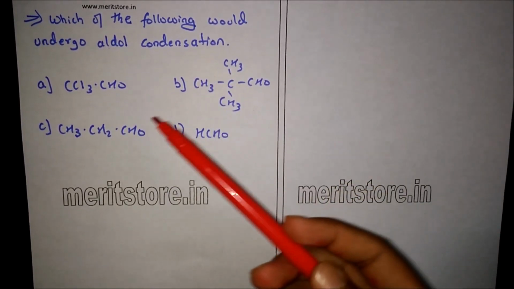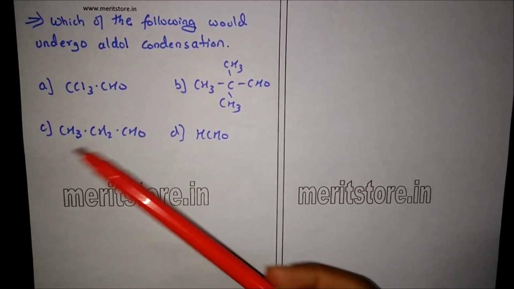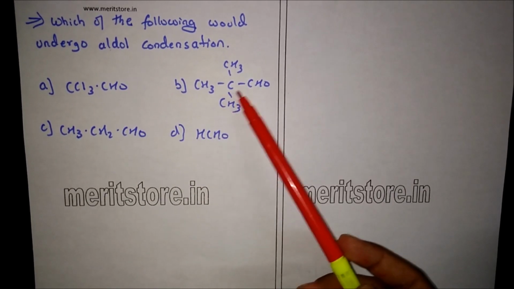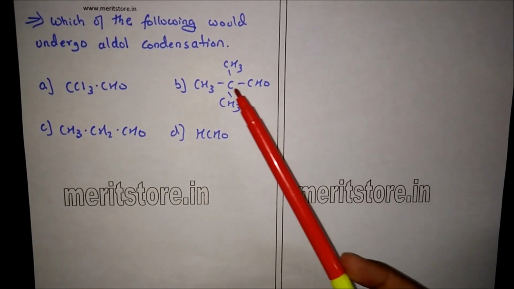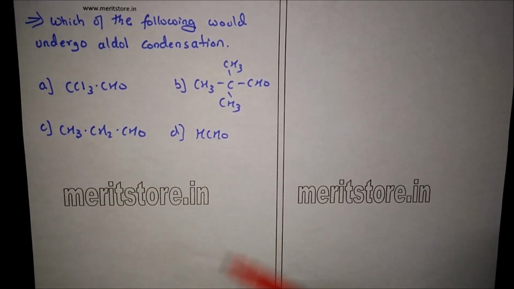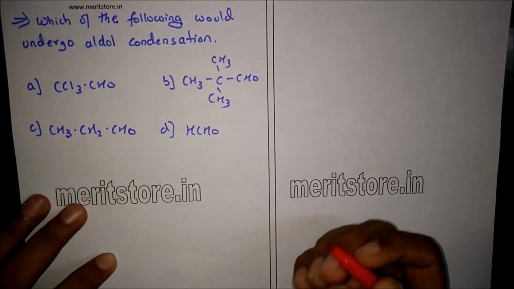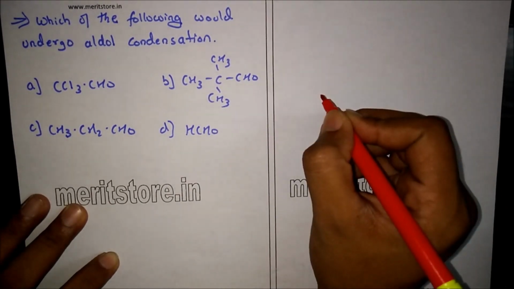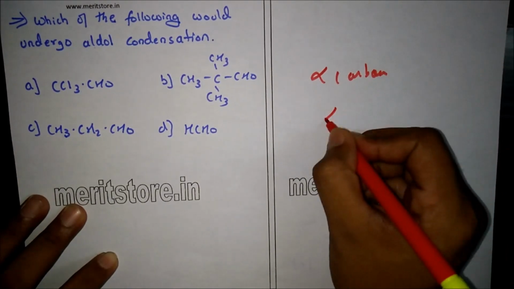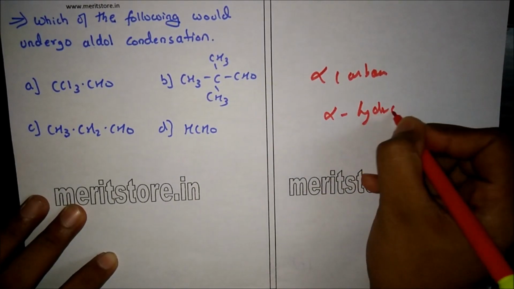The following would undergo aldol condensation: A. CCl3CHO, B. CH3C(CH3)(CH3)CHO, C. CH3CH2CHO, or D. HCHO. Now, what is aldol? The hydrogen atoms attached to the alpha carbon atoms are called alpha hydrogen atoms.